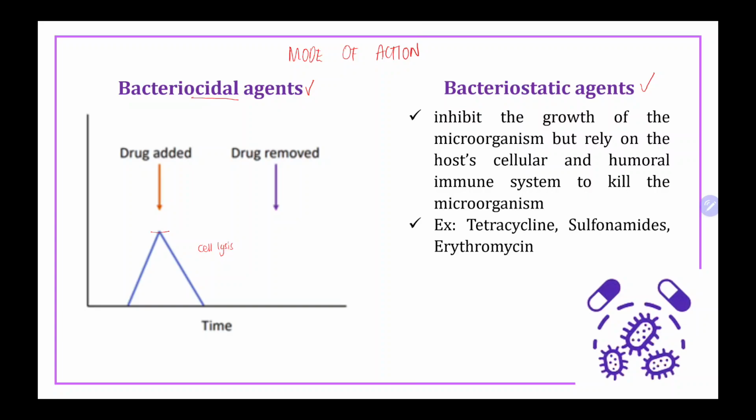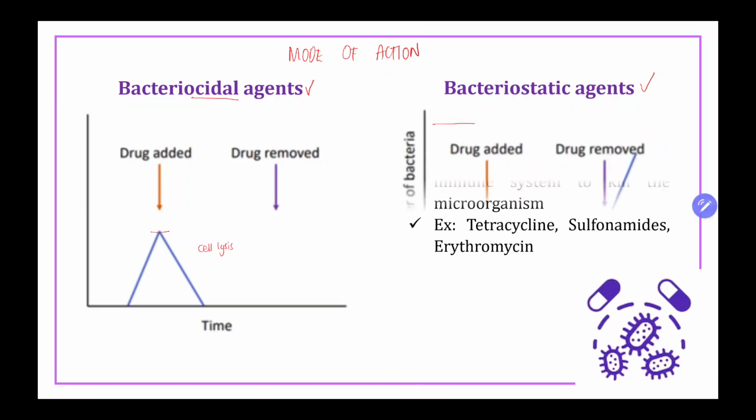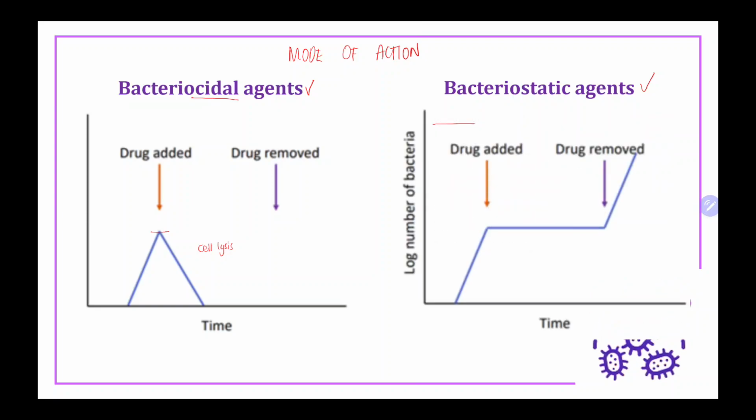On the other hand, when we say bacteriostatic agents, this inhibits the growth of the microorganism and relies on the host's cellular and humoral immune system to be able to kill the microorganism. Examples are your tetracyclines, sulfonamides, and erythromycin. That's why when we say bacteriostatic agent, once you have taken the drug, its mode of action only leads the bacteria to its stationary growth phase.